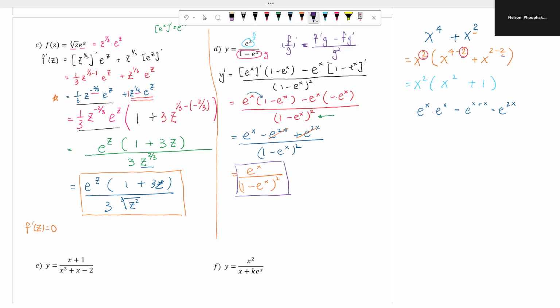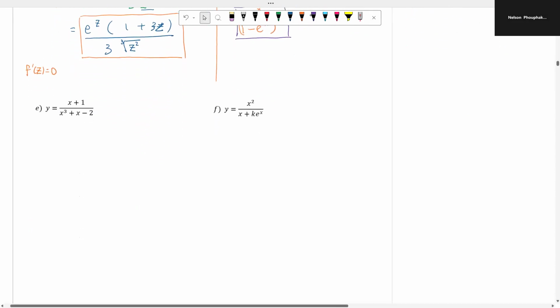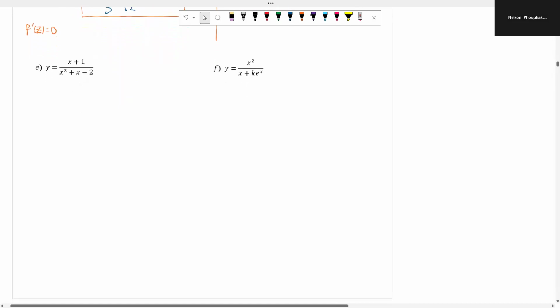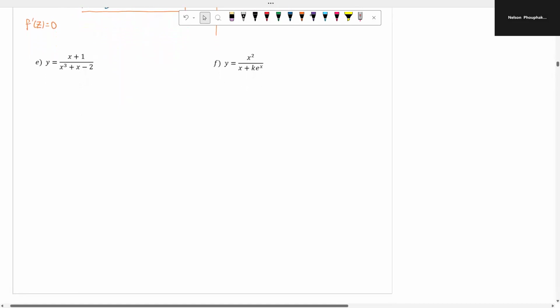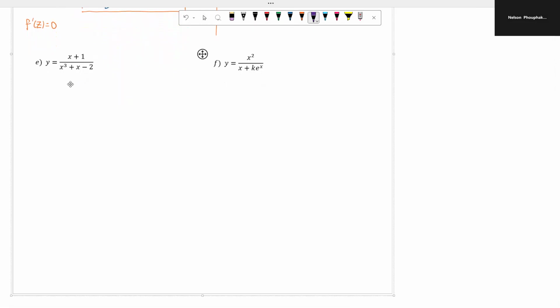Now go ahead and see if you could take the derivative of the next two functions. So I have y prime. Again, first set it up.